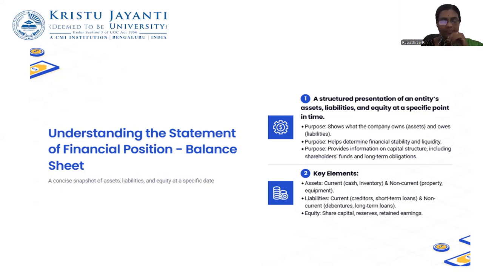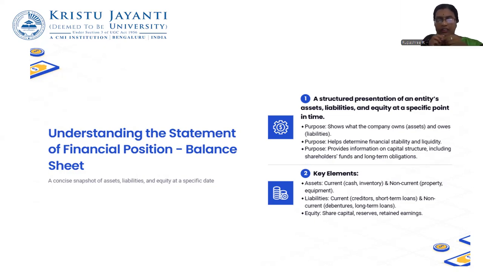Now, when you analyze a particular balance sheet under financial analysis and reporting, the key elements that you must take care of are the assets. When you look at the asset side, we divide the assets into current assets and non-current assets, which includes our long-term assets as well.